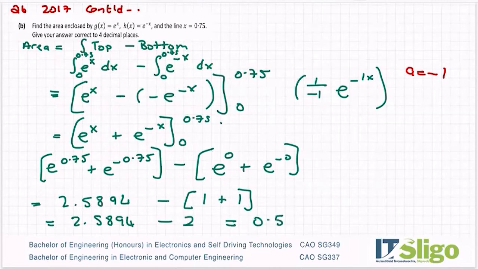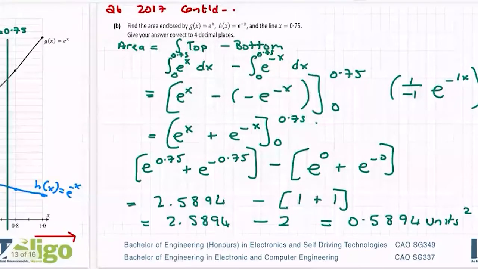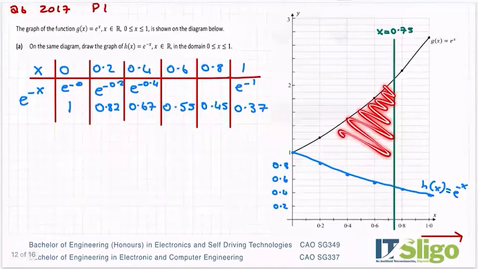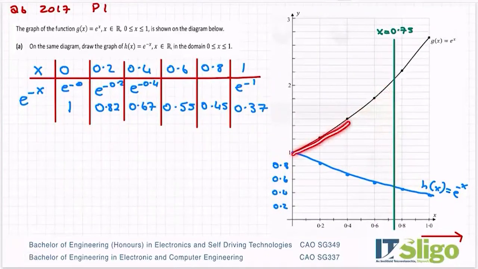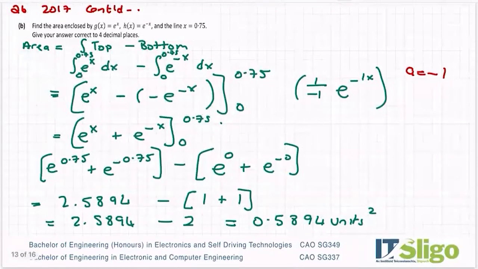Oh, it's correct to 4 decimal places. Sorry, I didn't even read that. But we're okay because we actually took 4. So 0.5894 units squared is the area I get for this area here. Okay, so again, top curve minus the bottom curve between two limits. I hope that one makes sense.